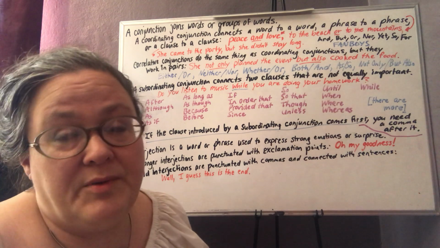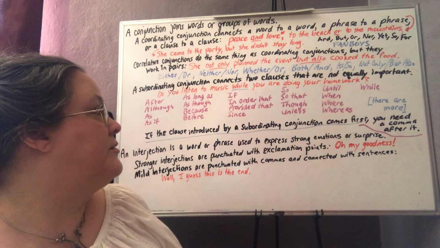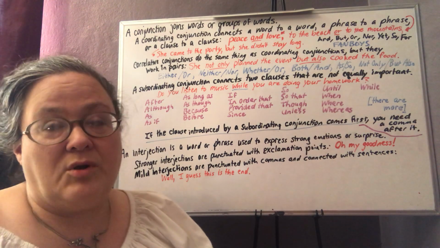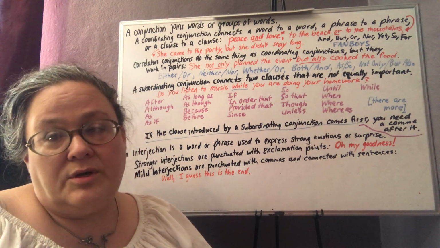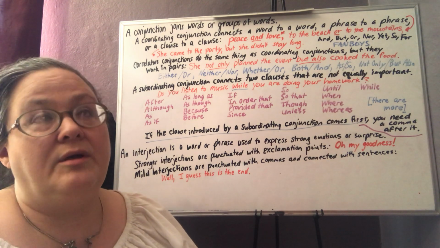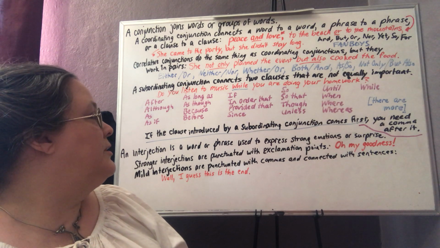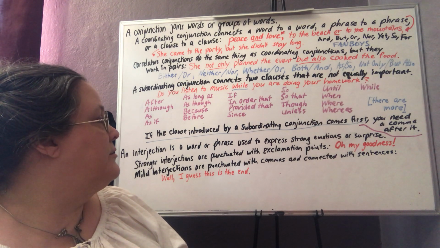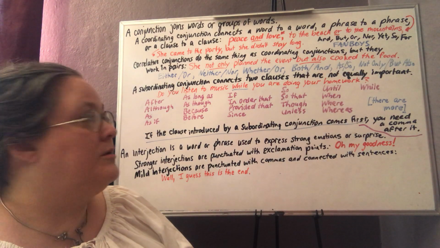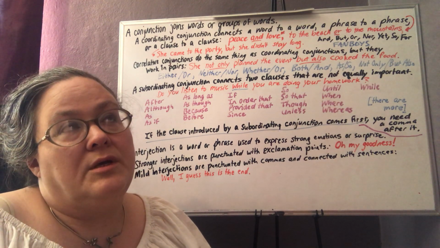And the same thing with if. If is super common, but it subordinates the second part. Okay, I will go to the party if you will go. If you will go is the condition under which the main thing, I will go, will happen. And in order that, let's see, how is that used?